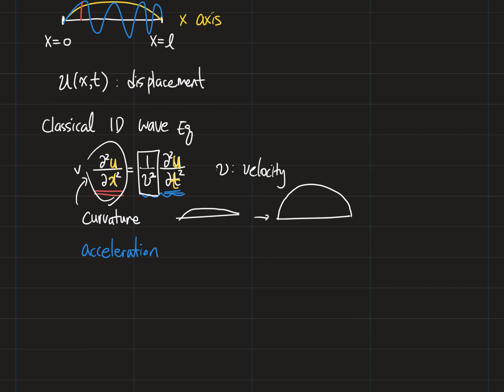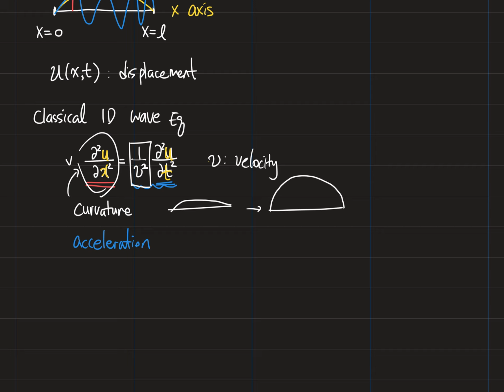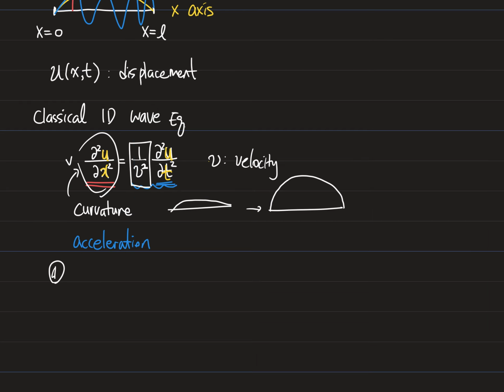So this wave equation has two important mathematical properties. The first property is that this is a linear partial differential equation.